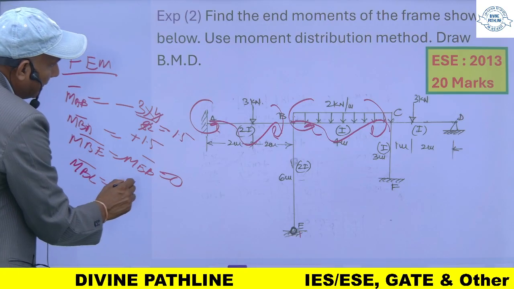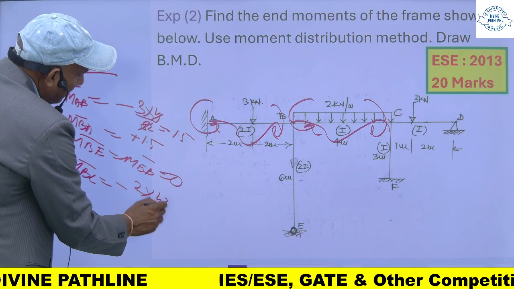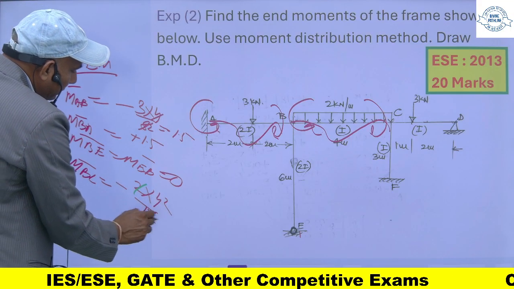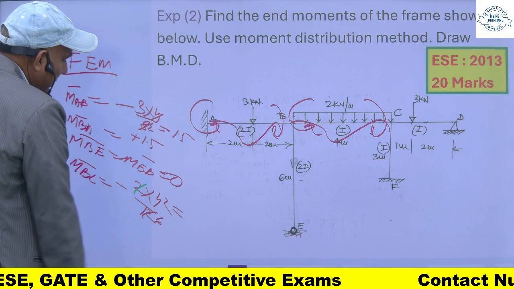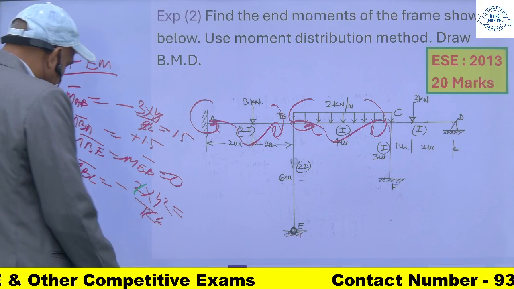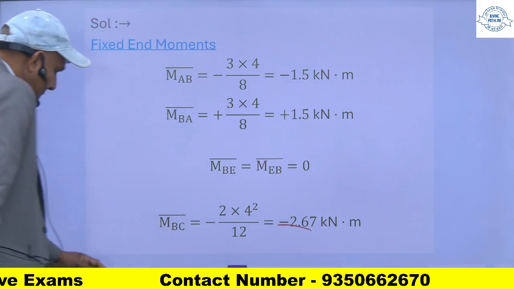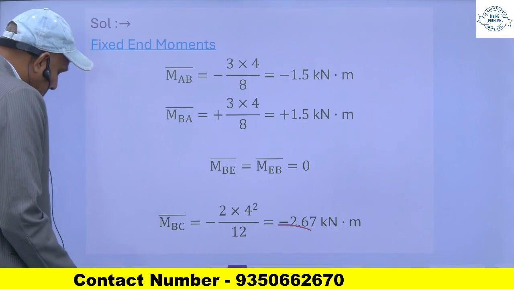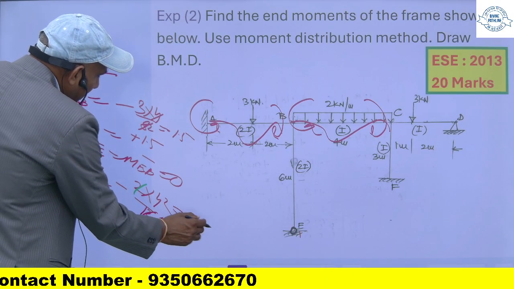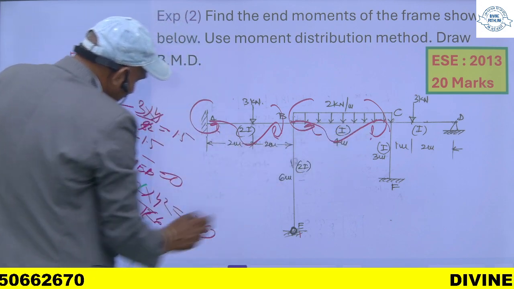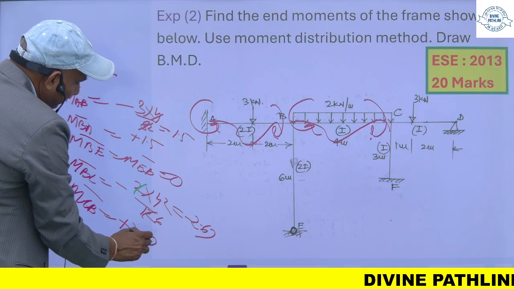So minus WL square upon 12. WL square upon 12, this is the formula. So you will get minus 2.67, and MCB will also be same, plus 2.67.